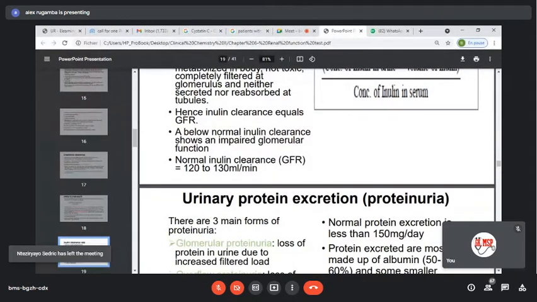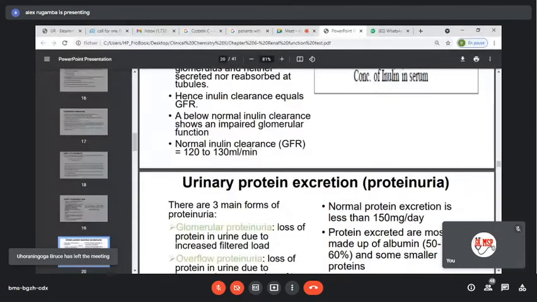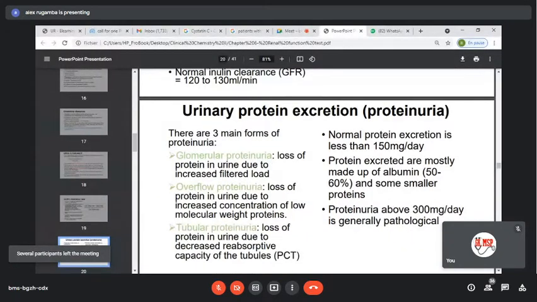So the presence of protein in the urine is called proteinuria, as I told you. The three main forms of proteinuria are glomerular proteinuria, overflow proteinuria, and tubular proteinuria.